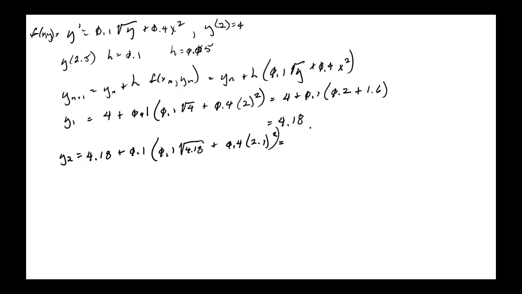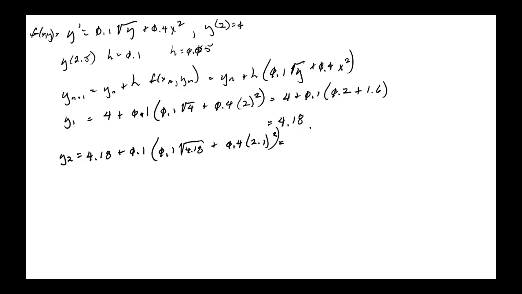So let's see if we got our parentheses right. 4.18 plus 0.1 times, and open your parentheses there, 0.1 times the square root of 4.18. You have to close that square root. Okay? Plus 0.4 times 2.1 squared. You can do that without parentheses.